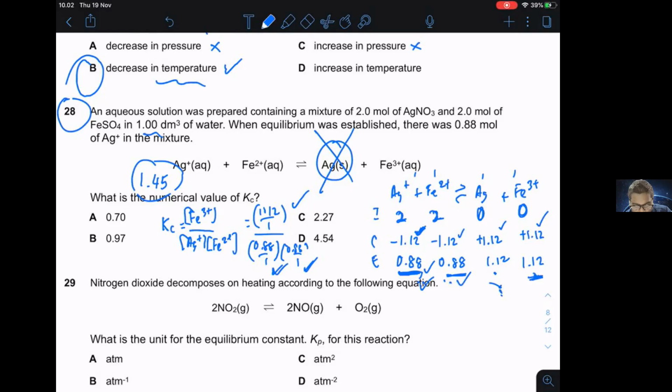Fe3 plus is going to be 1.12, so 1.12 divided by 0.88 times 0.88, which is 1.45. That will be the answer.